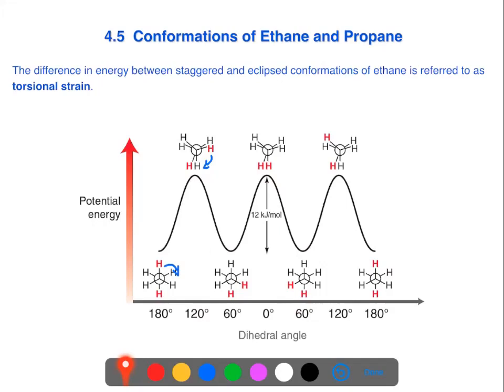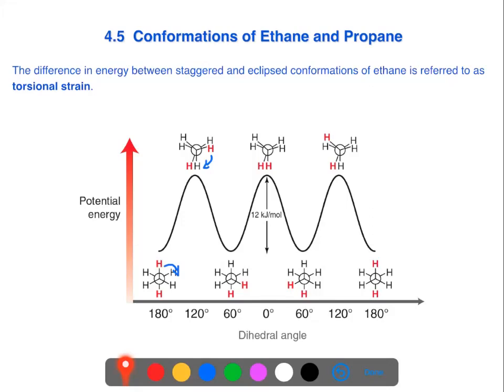And so the differences in energy between the staggered and the eclipsed has everything to do with torsional strain. Torsional strain is strain that is experienced by a molecule when the electrons found in the carbon-hydrogen bonds interact with each other through space.